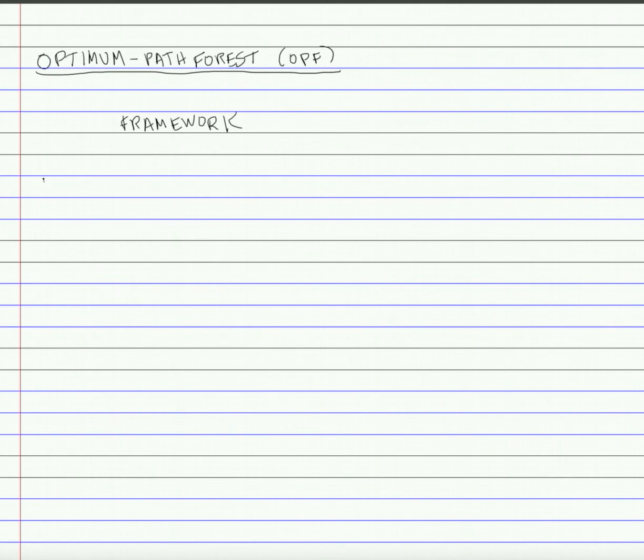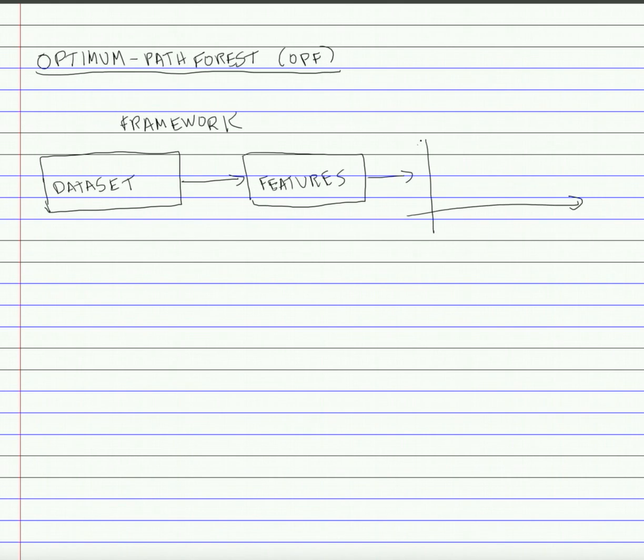Just to give you a very brief introduction about machine learning or pattern recognition. So basically we have a data set. Then, depending on the problem, we are going to have different features extracted from the data set in order to obtain a feature space, something like that.